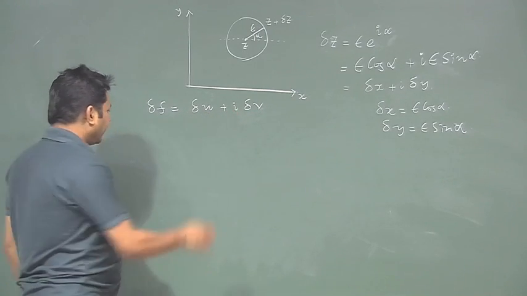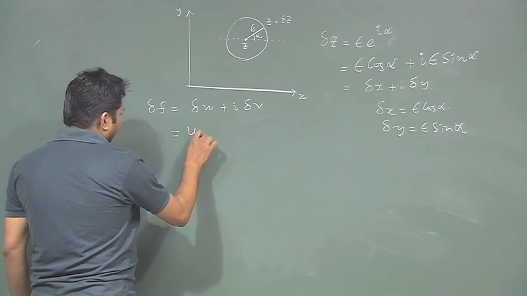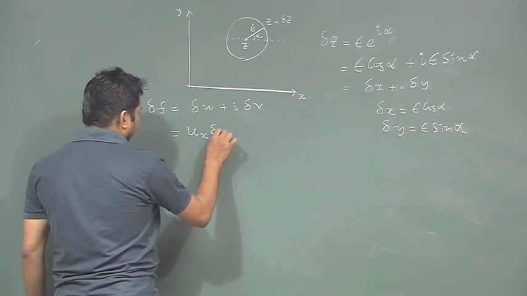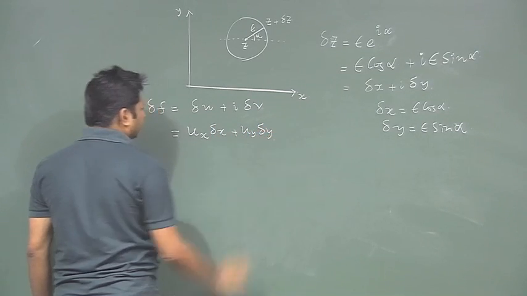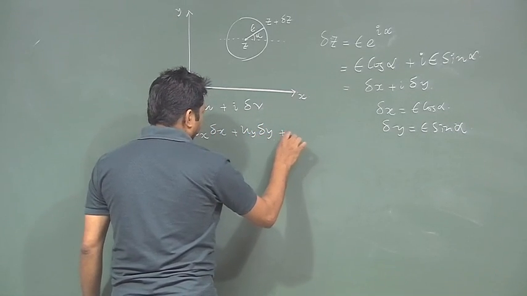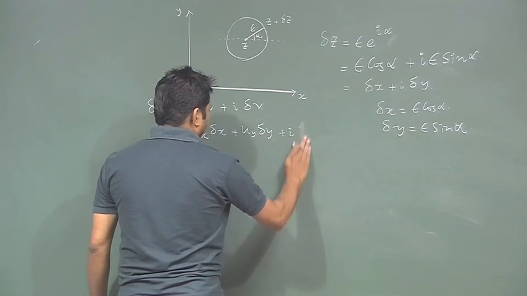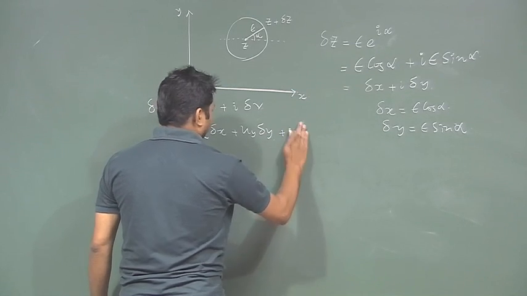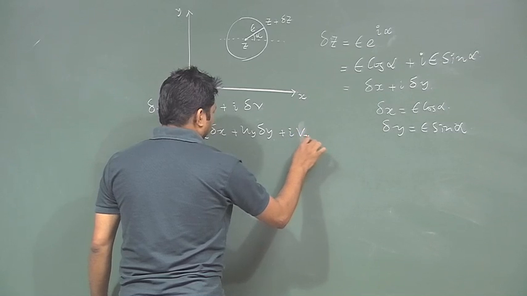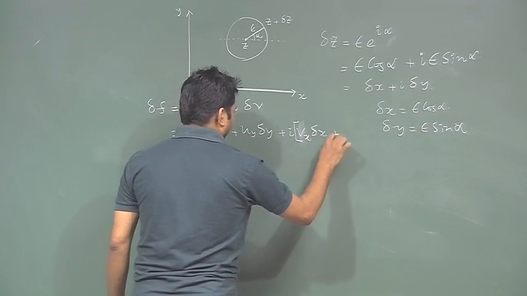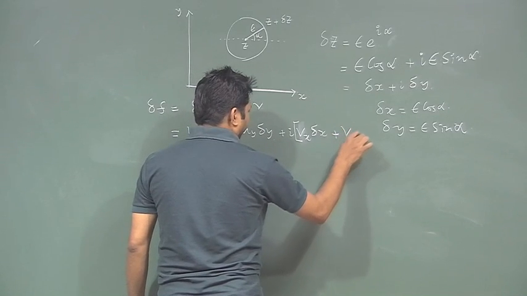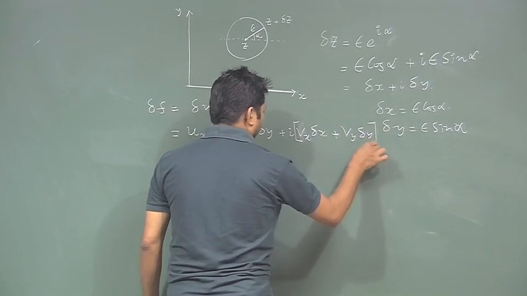So, delta u I can write as ux delta x plus uy delta y, plus i times vx delta x plus vy delta y.